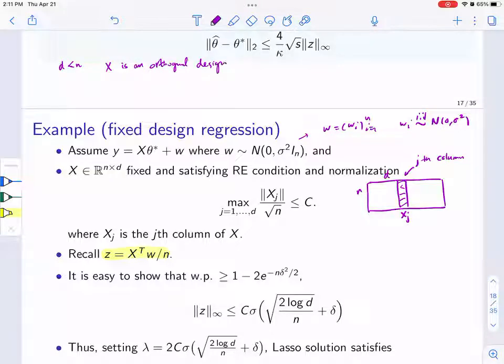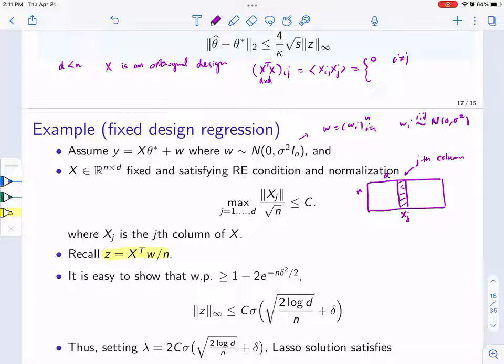What this means is that X transpose X, which is d by d, is the Gram matrix. If you recall, the ij entry would be the inner product of x_i and x_j. So this would be 0 if i is not equal to j. This can only happen if d is smaller than n.